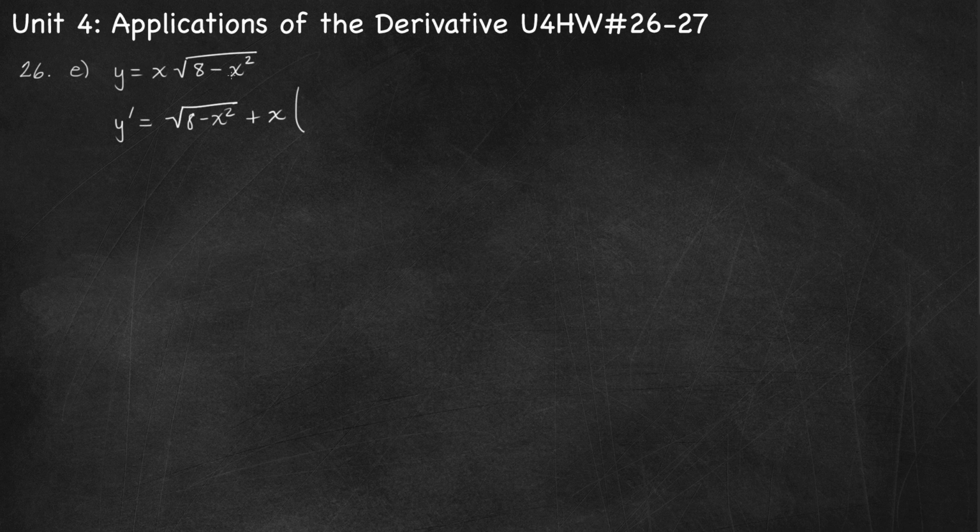It's in the form of square root of stuff. The derivative of square root of stuff is 1 over 2 root stuff times the derivative of the stuff. The derivative of 8 minus x squared is negative 2x.